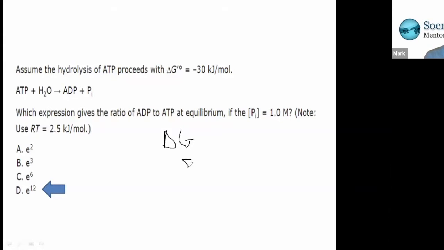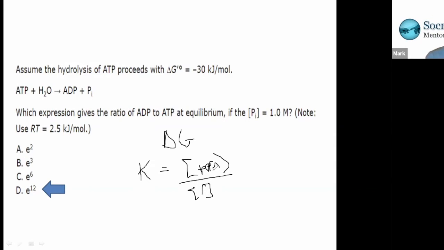Well, if you remember what K or Q is, it's the concentration of products over concentration of reactants, right? Sorry, it's a little bit hard to write on the mouse.